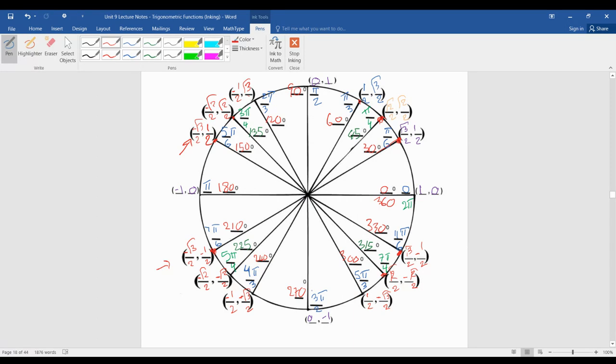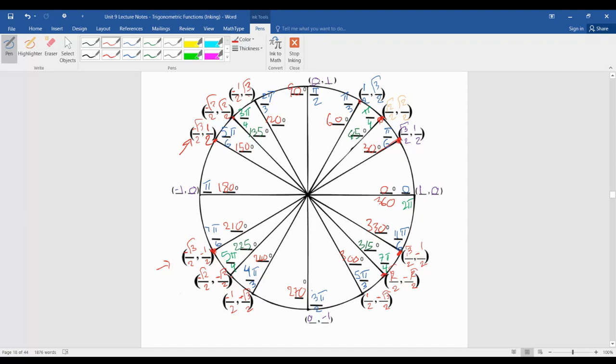1 pi over 4 over here, 2 pi over 4, 3 pi over 4. So negative 3 pi over 4 is over here in the third quadrant. So we take the cosecant, which is the reciprocal of sine. The sine here is negative root 2 over 2.